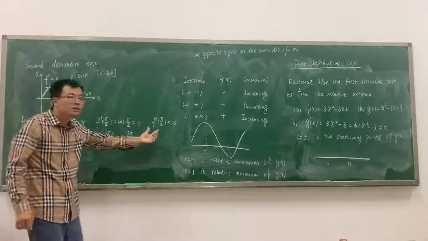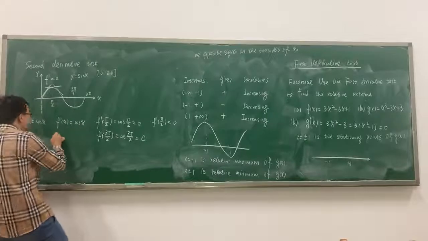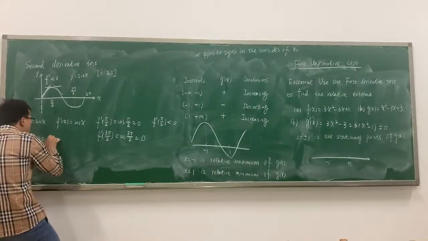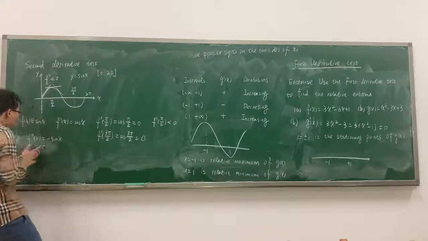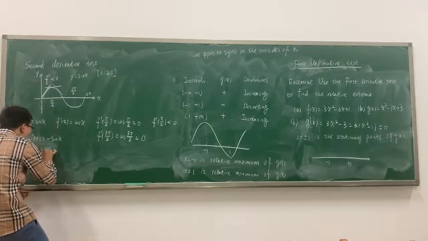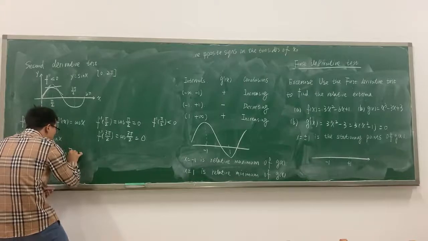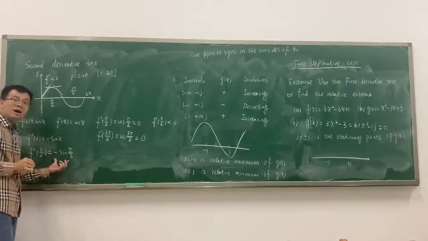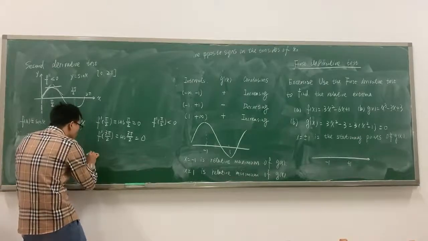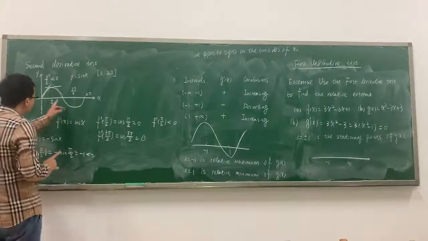Actually we can compute it. f prime equals cosine x, so f double prime equals what? Negative sin x, yeah? So f double prime of 1/2 pi equals minus sin 1/2 pi. Minus sin 1/2 pi is what? Minus 1, yeah? So of course it's less than 0.